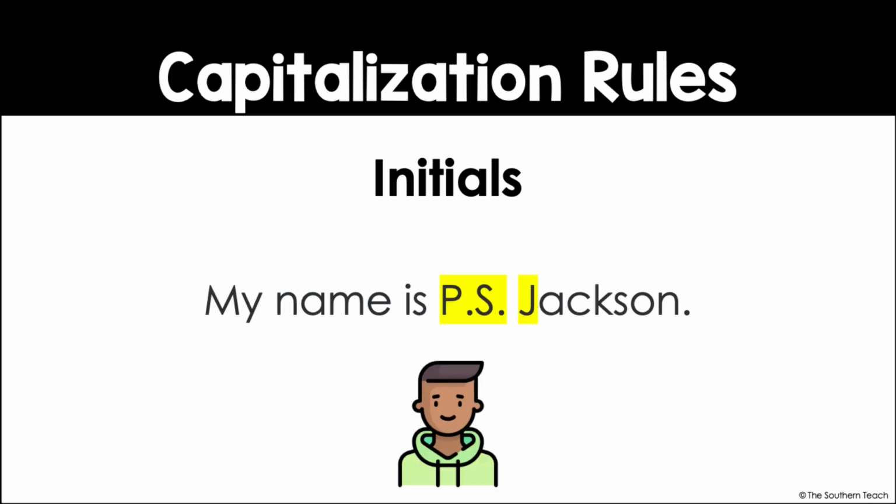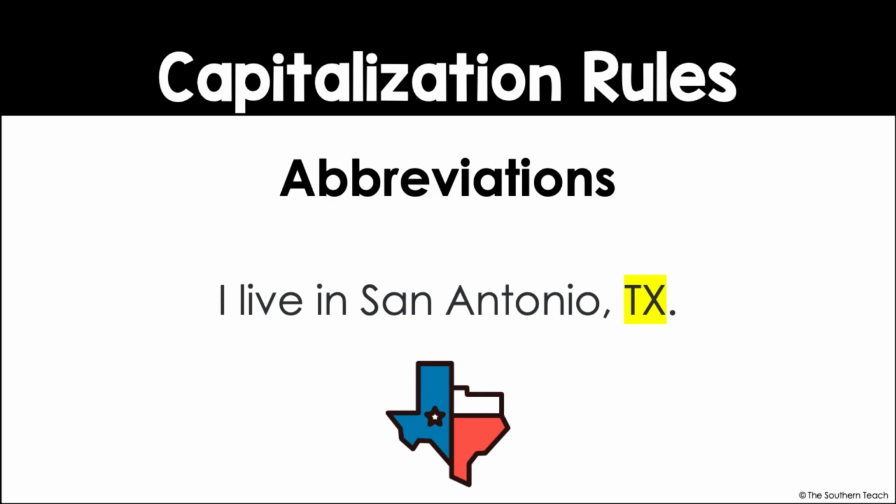Initials. My name is P.S. Jackson. So it's basically the first letter of your first and middle name. And then also, you know that we always capitalize our names. Abbreviations are capitalized. The example is I live in San Antonio, Texas, and we all know that all states are capitalized.